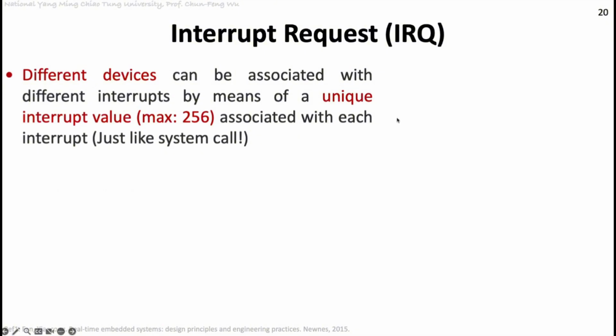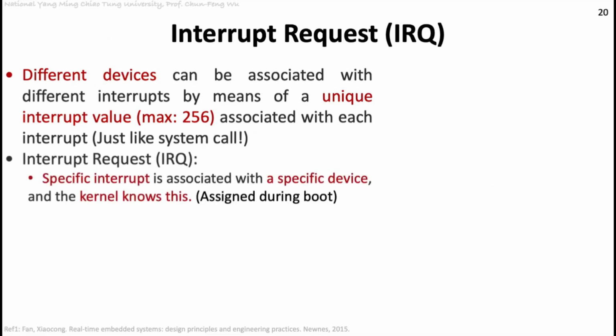Each time you insert a peripheral device in the system, you need to register this interrupt. Each specific interrupt is associated with a specific device, and the kernel already knows it, because most of them are assigned during boot.